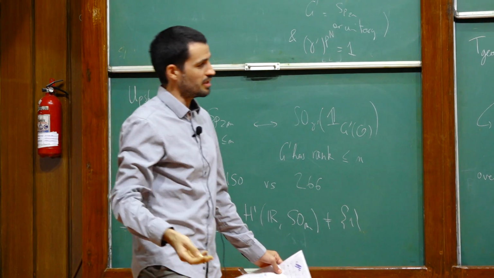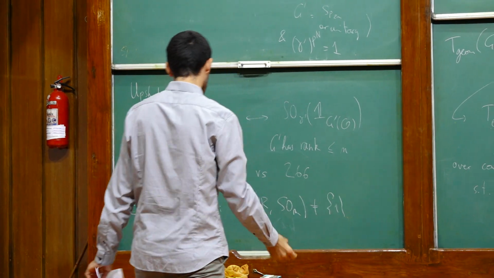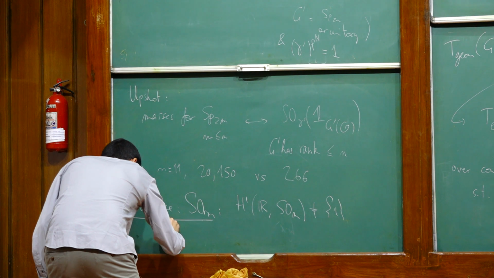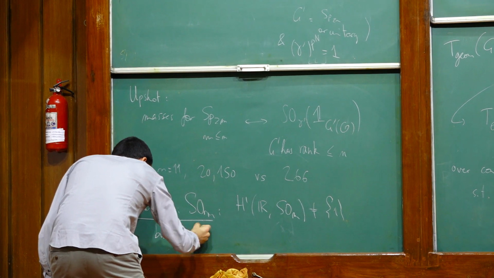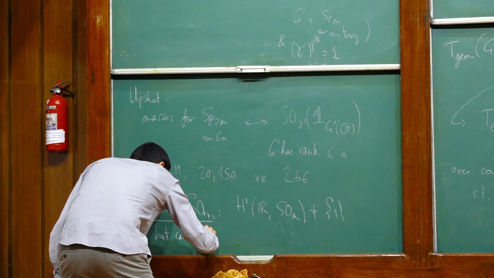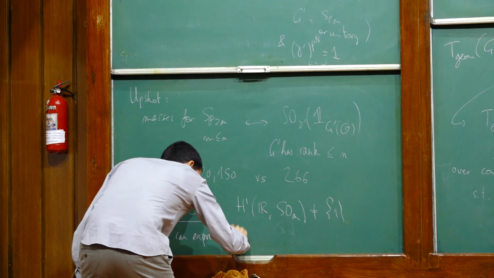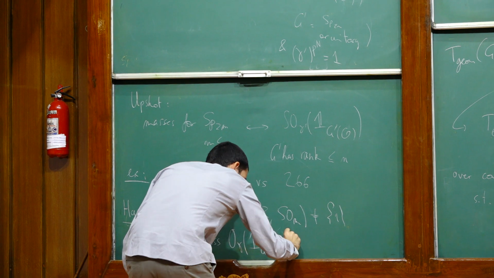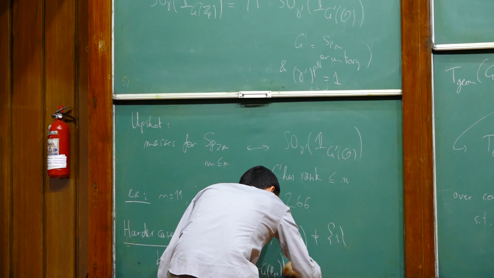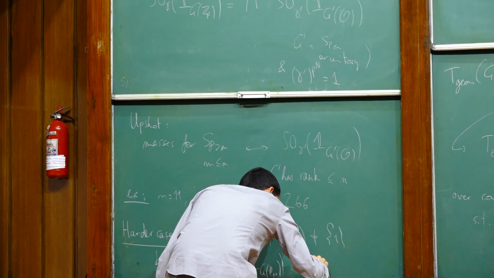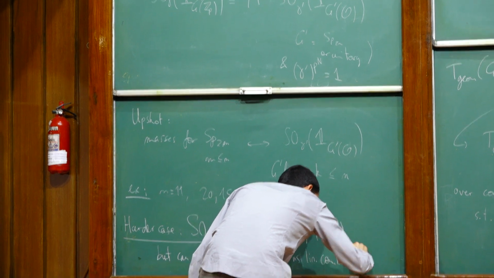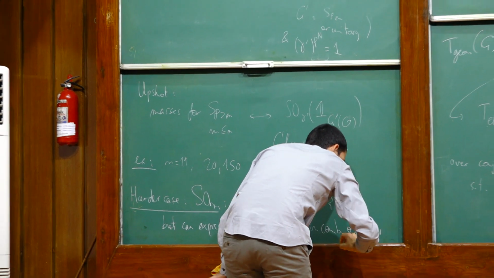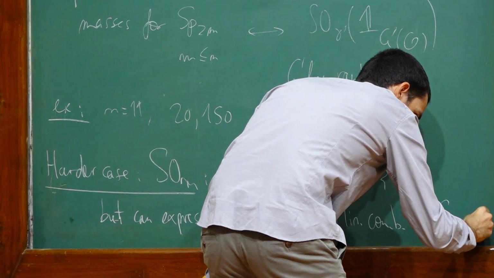So first, if you stabilize, you're going to have something more complicated. But something that is morally equivalent is you can express orbital integrals as linear combinations of certain stable orbital integrals.